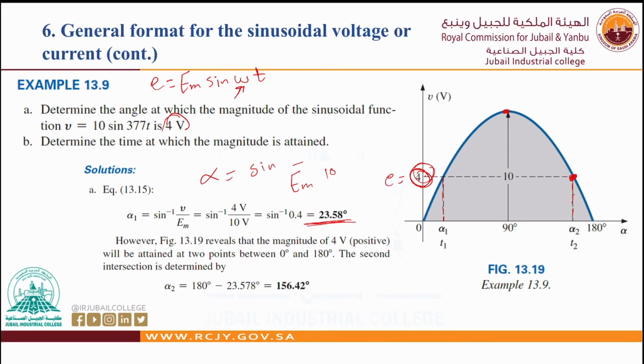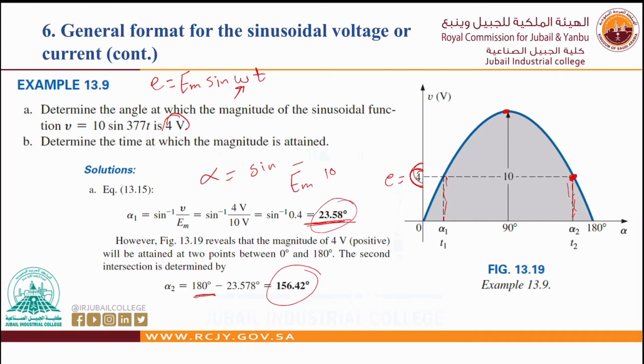Determine the angle at which the magnitude of the sinusoidal function is 4 volts. So this is alpha 1. This is alpha 2. So how to find alpha 2? Alpha 2 is basically 180 minus this number, which is 156.42 degrees. So this is how to find alpha 2.